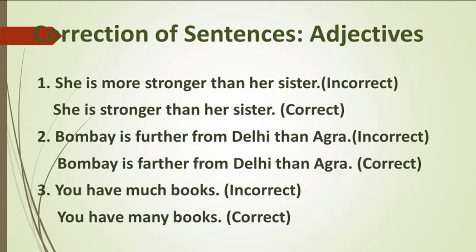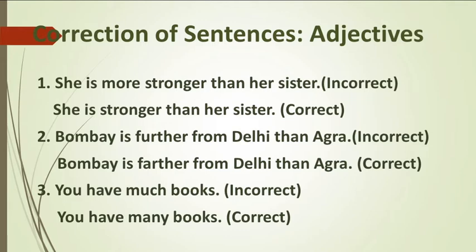Next example: Bombay is further from Delhi than Agra. Bombay is farther from Delhi than Agra. The second sentence is the correct one because we use farther to talk about distance, not further.